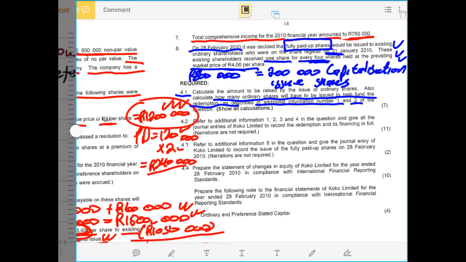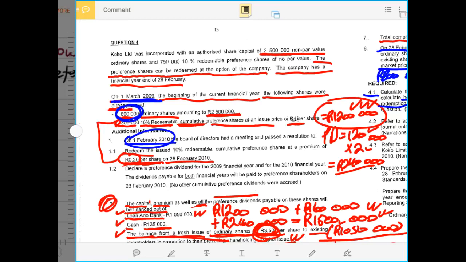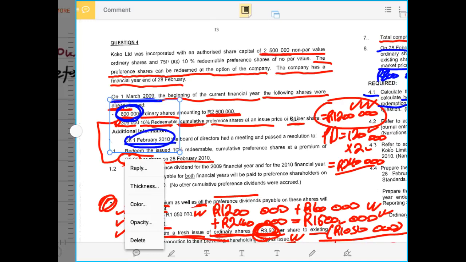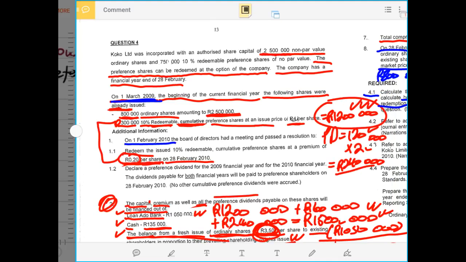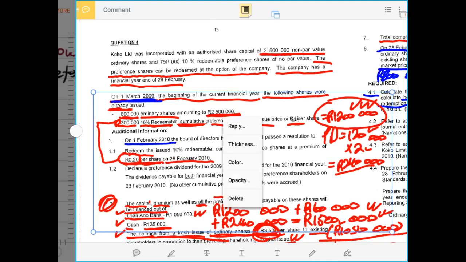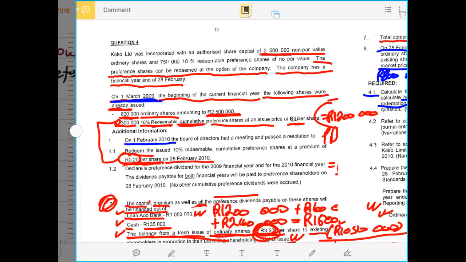The answer is yes, all the preference shares are redeemed. And if all of them are redeemed, you take all the capital and redeem all the capital. But if only 70%, please calculate 70%, guys. If 70% or whatever percent is being redeemed, calculate the percentage that is being redeemed.